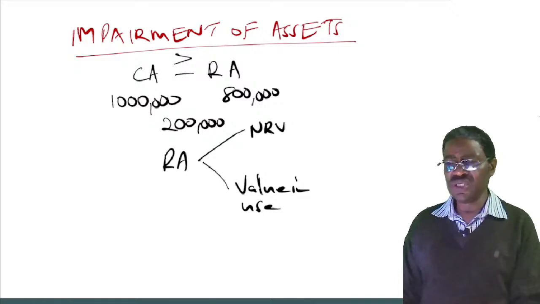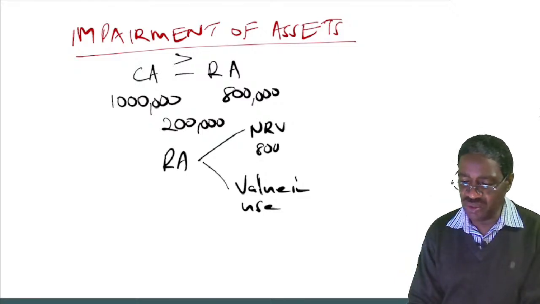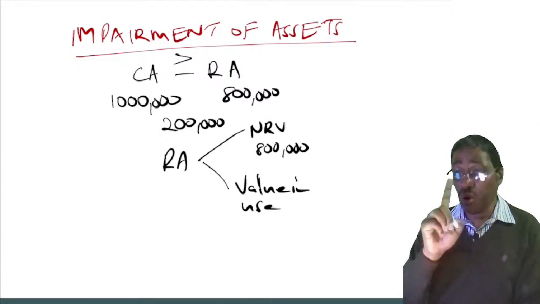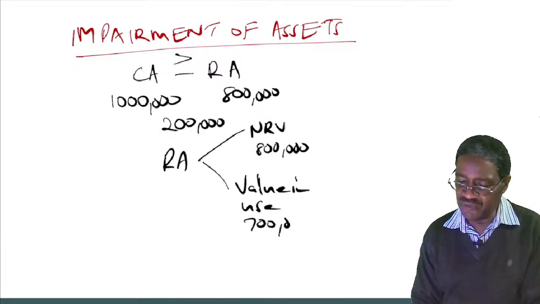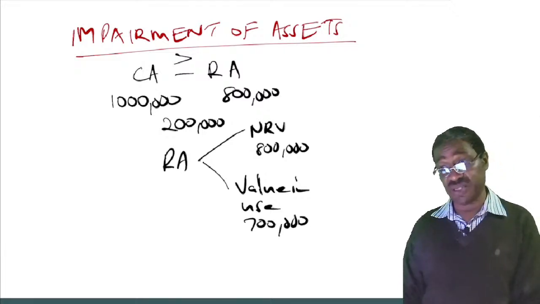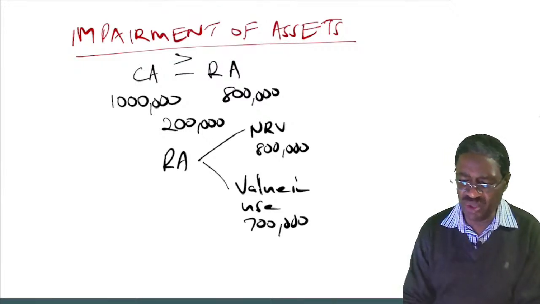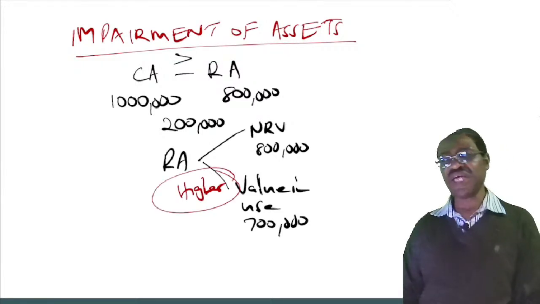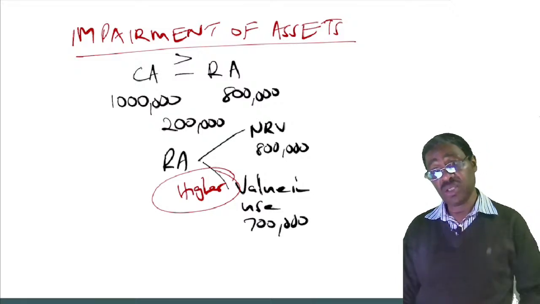Let us assume that you computed the net realizable value and found it was 800,000, and you computed the value in use of that asset and found it was 700,000. Whichever of the two is higher is what we consider to be the recoverable amount.